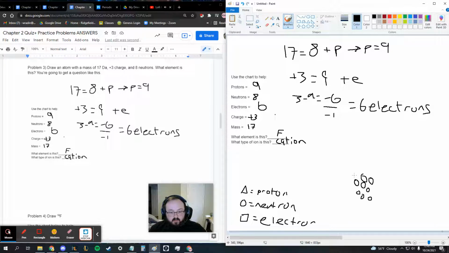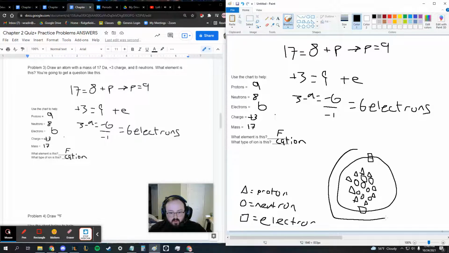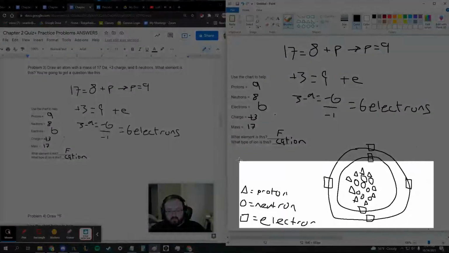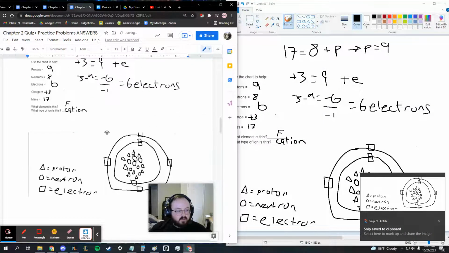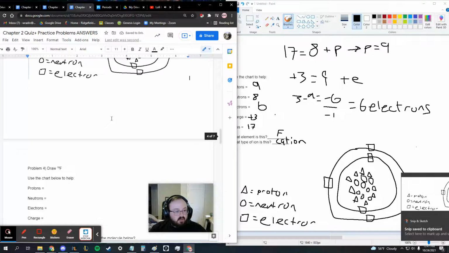We have 9 protons: 1, 2, 3, 4, 5, 6, 7, 8, 9. And we have 6 electrons: 1, 2, 3, 4, 5, 6. So there is part 1 and part 2. This is all that I'm looking for here. So I'm going to post this into the document for you to see.